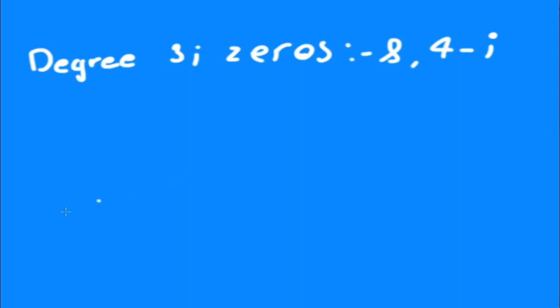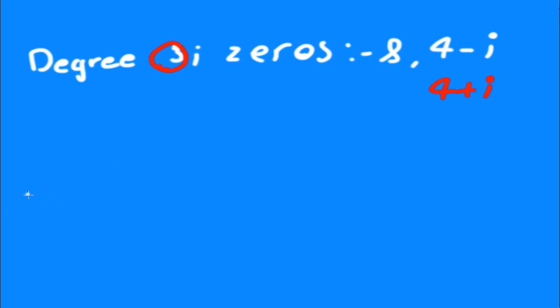You know from your degree that you have 3 zeros, but you're only given 2, so you need to find the third zero. The only thing that you're going to do is take the zero with the i and flip the sign of the i. So you have -8, 4 minus i, and 4 plus i.